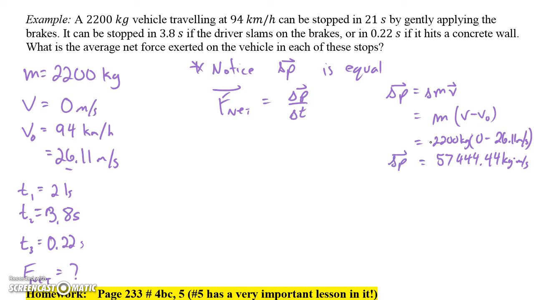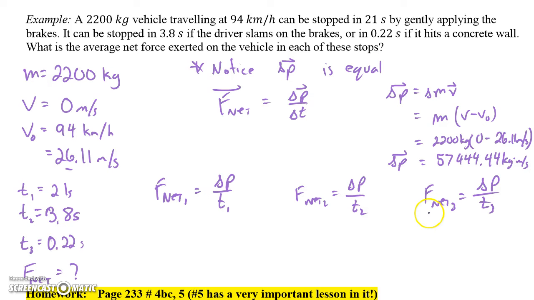Now that you have that, you can do F net 1 is going to be change in P over time 1. F net 2 will be change in P over T2, and F net 3 will be change in P over T3.